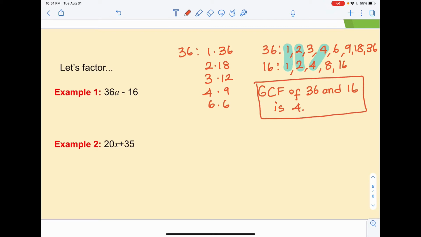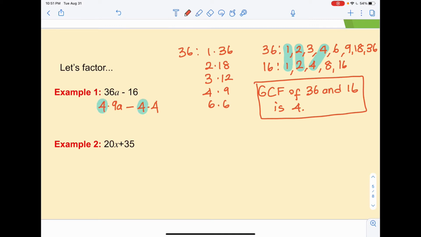Let's go back to the original question. I can write 36a using 4 as 4 times 9a, minus, I can also write 16 as 4 times 4. So as you can see, we have a common factor here for both of them.